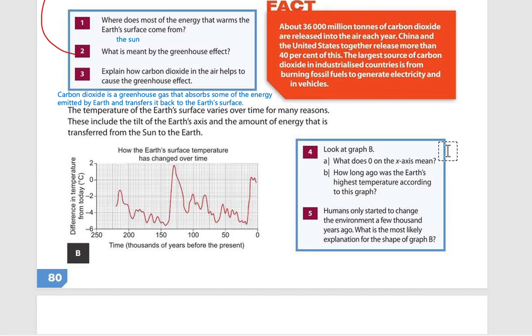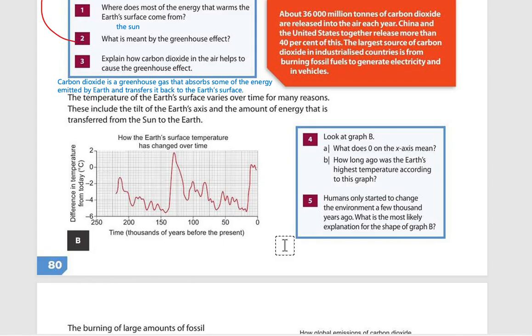Right, now look at this chart. Look at this chart here. You can see they have mentioned, this shows the Earth's surface temperature changes over time. So you can see the difference in temperature from today. Here 0, here 2, these are minus.